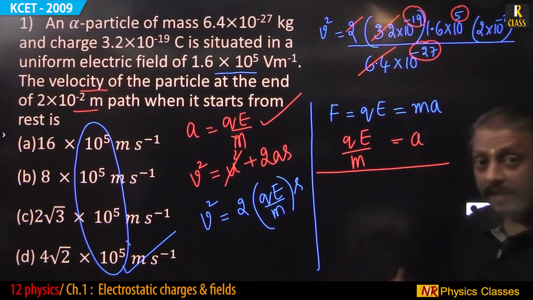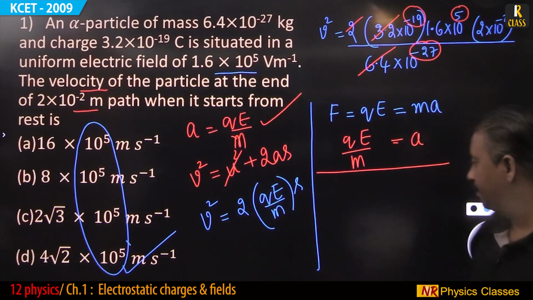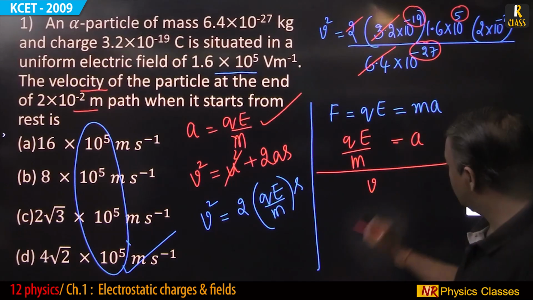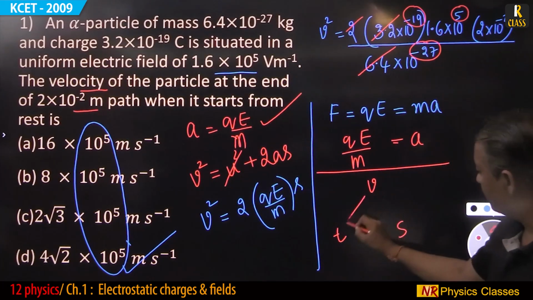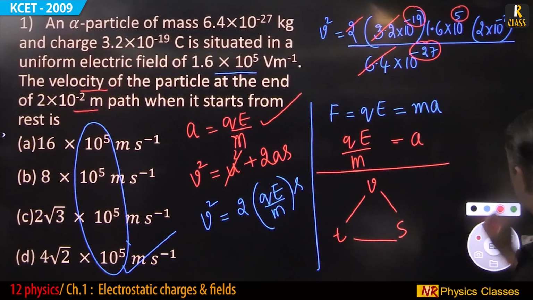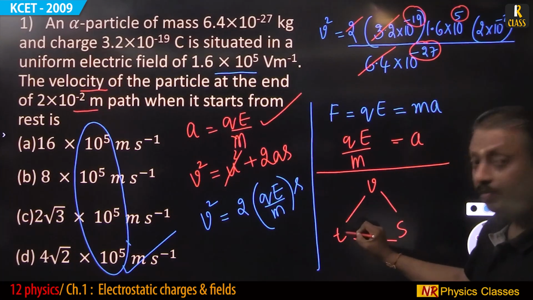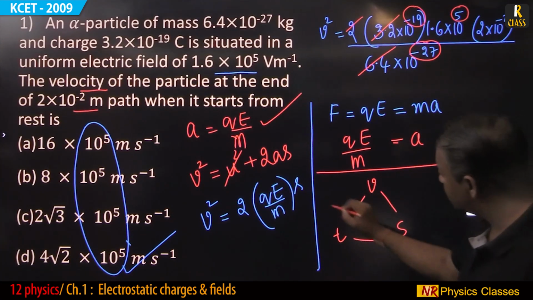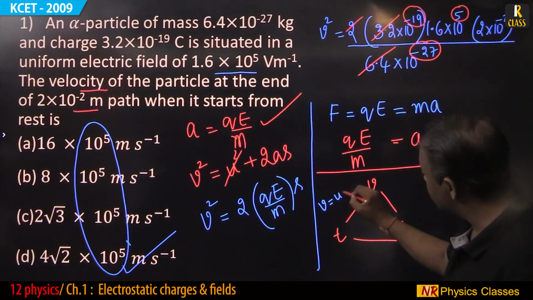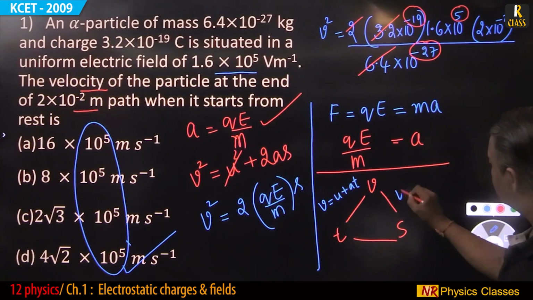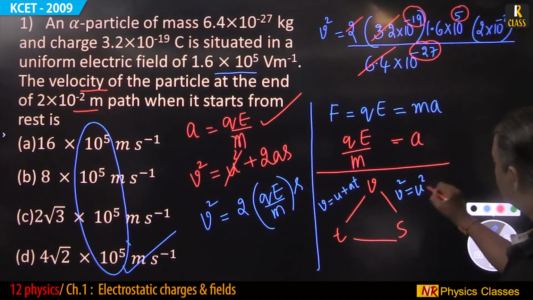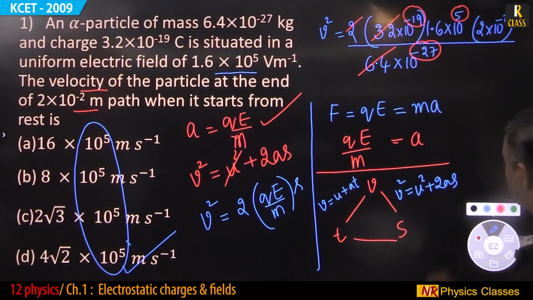Next, if there is an accelerated motion, then final velocity, time and displacement are involved. Final velocity and time means v equal to u plus at. Velocity and displacement means v square equal to u square plus 2as.